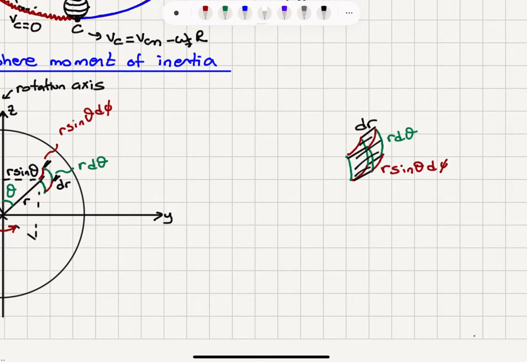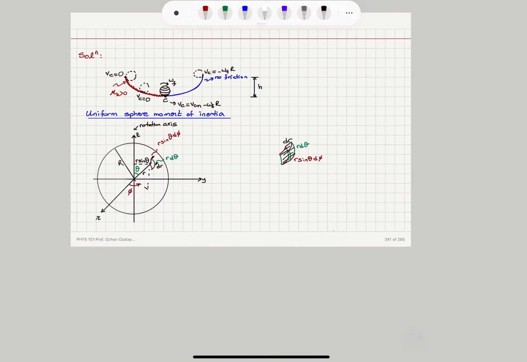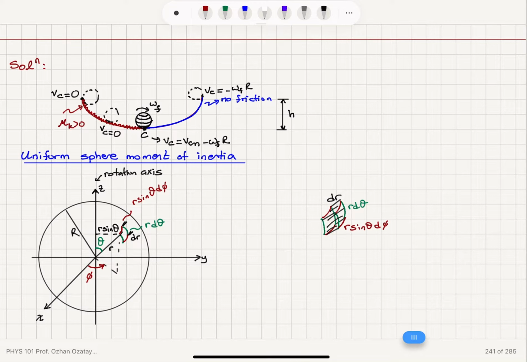So we will have r d theta, dr, and r sine theta d phi as defining the volume element of a sphere. So the volume dV in spherical coordinates is r sine theta d phi r d theta dr.